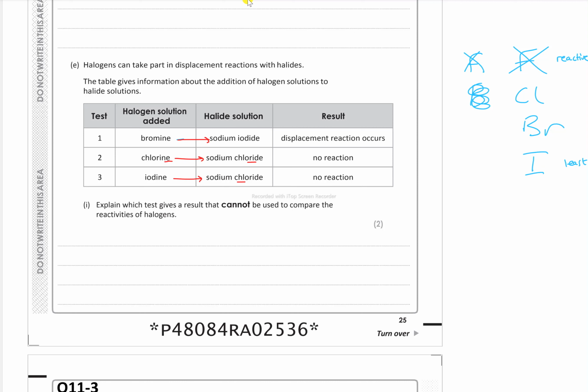It's test number 2, because, rather than making it generic, chlorine in this case can't displace or react with chloride ions, or cannot displace itself.